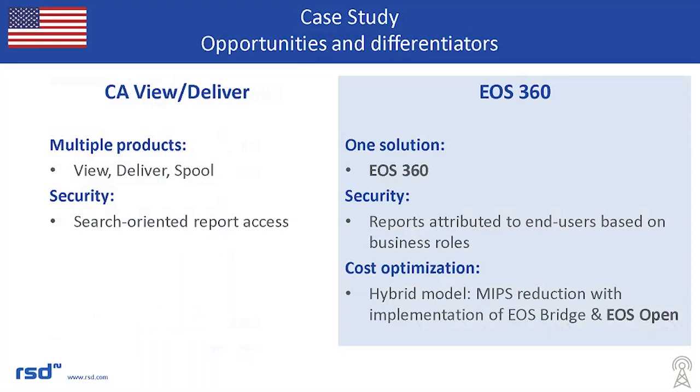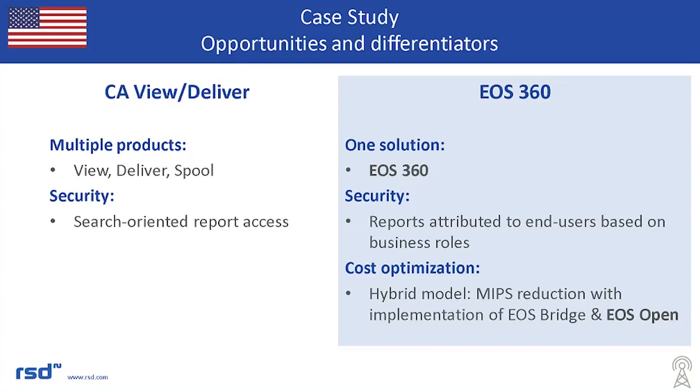Okay, so what were some of the opportunities and key differentiators between CA View and Deliver and EOS that drove the customer to initiate this project? The first differentiator was that with the CA View and Deliver products, multiple products of theirs were needed, all requiring licenses to provide all of the functionality provided by our single EOS 360 product.